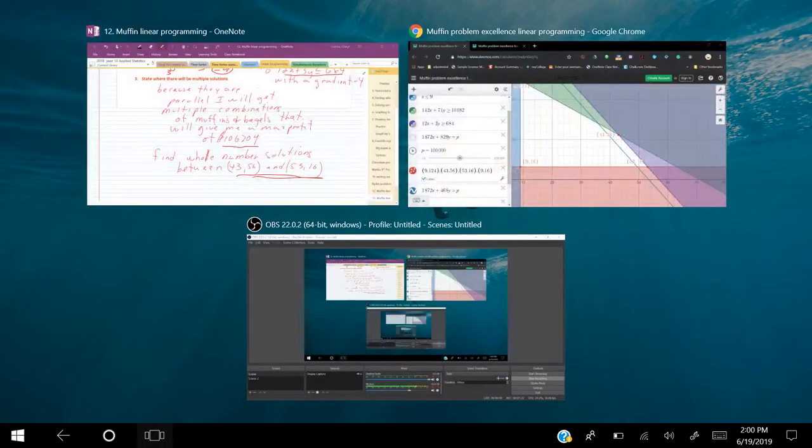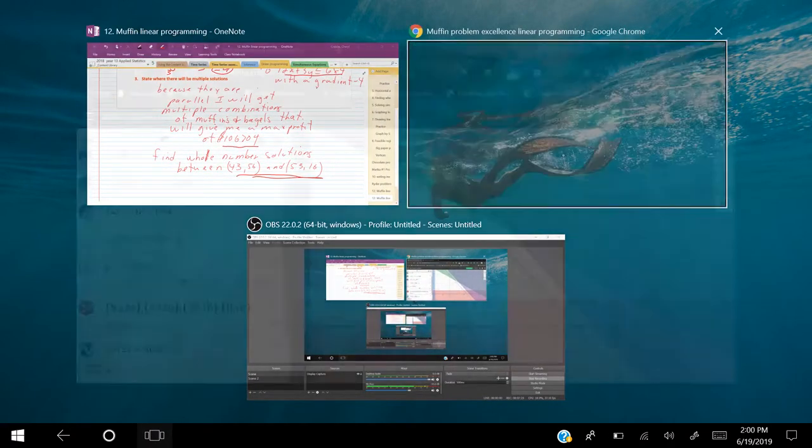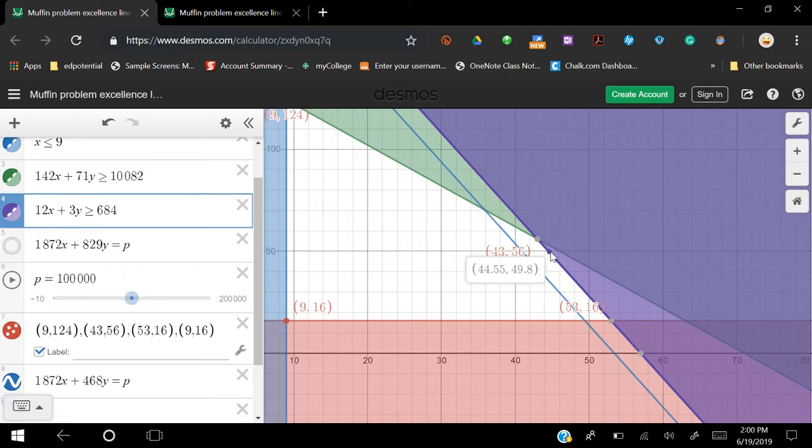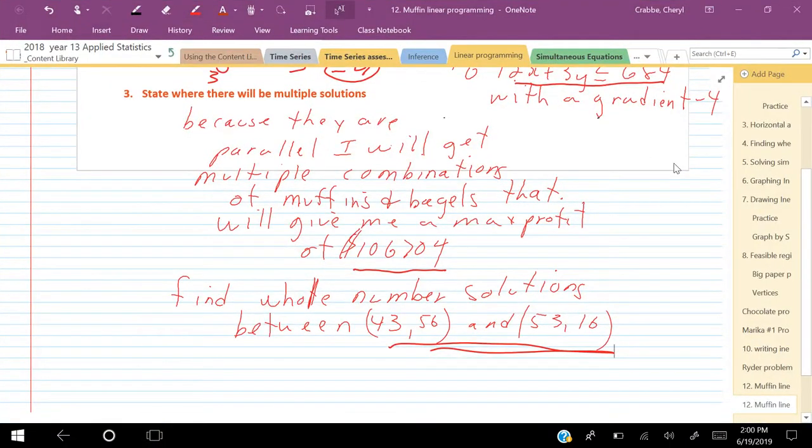So we can go back. We don't need to do a lot of math. We just go back to Desmos and say, Desmos, find me this. So I just click on here and find some other whole number values. I'm just going to use my mouse so it's a little easier than my pen. 45 and 48. That's another combination that works.